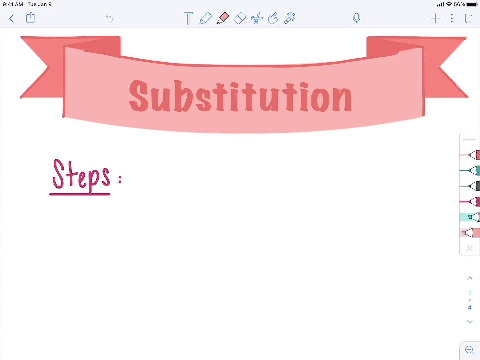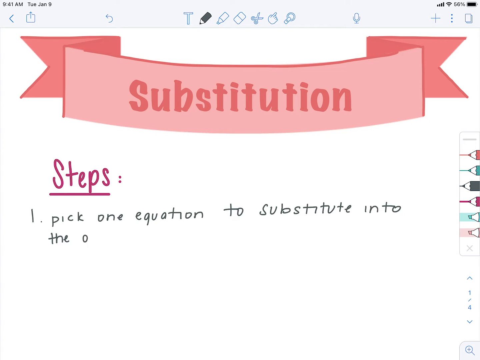So when we're solving systems by substitution, the first thing we want to do is pick one equation to substitute into the other equation.